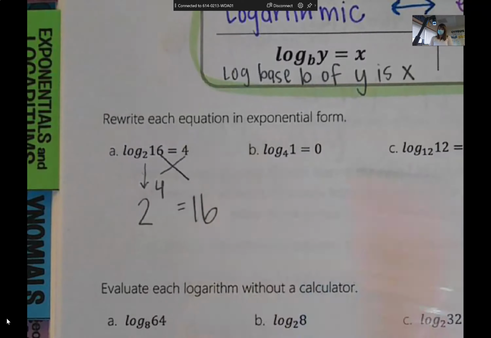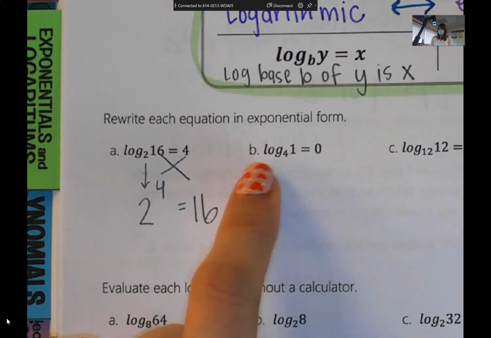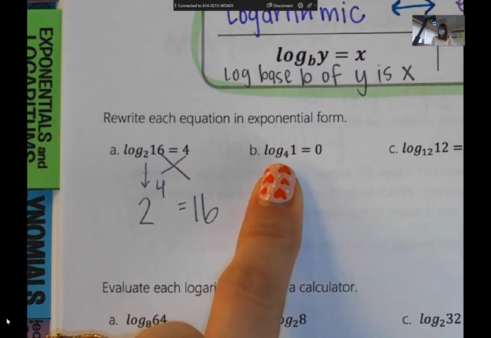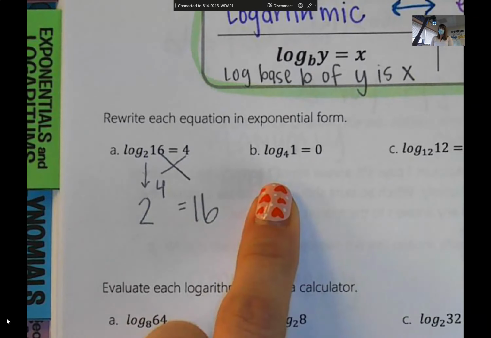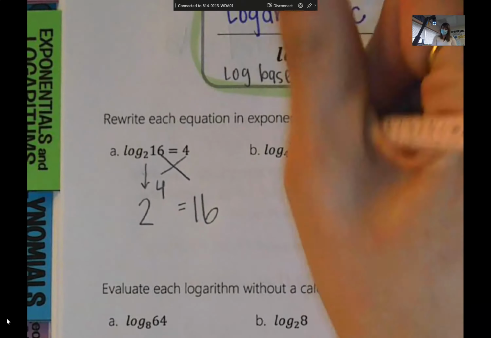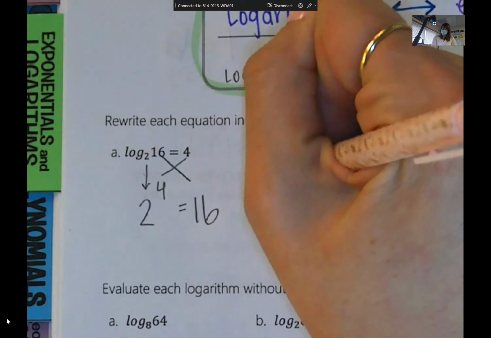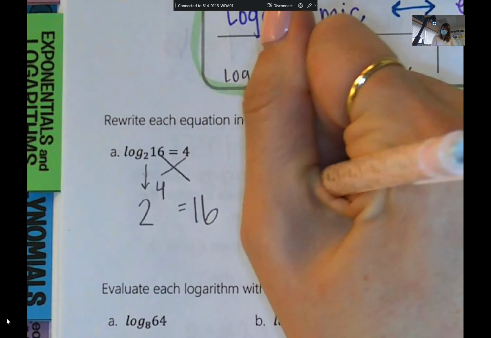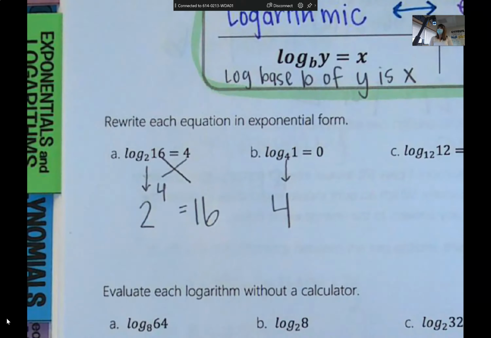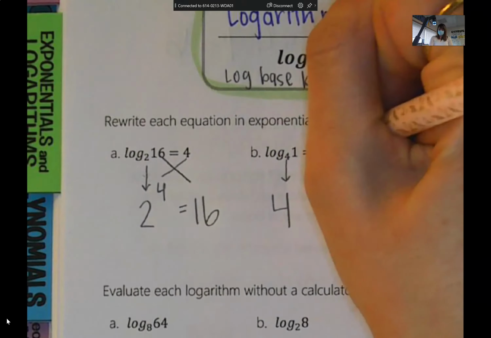So this question is asking, how many times do I need to multiply 4 together to get 1? Well, that seems impossible, but if we follow this procedure, we would bring this 4 down, and that becomes your base in your exponent. Then you crisscross.